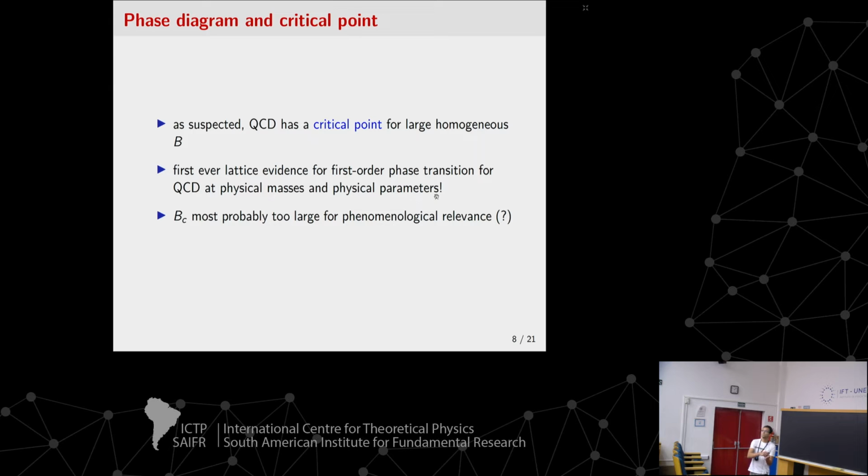If you are at pure gauge theory, then you also have first order phase transitions, but there are no quarks involved, so that's a much easier system. If you include imaginary chemical potentials, then you can also have first order phase transitions, but that's not a real physical parameter. This is a real physical parameter which in principle can occur in nature, and you have a first order phase transition, and lattice tells you its properties.